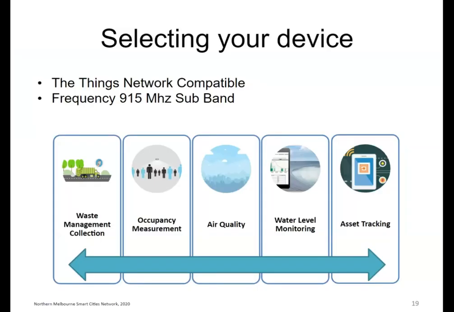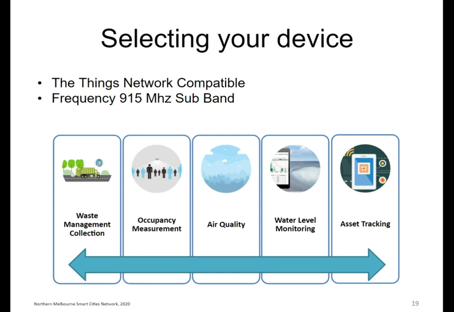When choosing a device for the Northern Melbourne IoT network, please consider the following. The device needs to be The Things Network compatible. The Things Network has a great community-driven support network around it, and there are a great number of forums and places you can go to get information and assistance on getting your device online quickly.